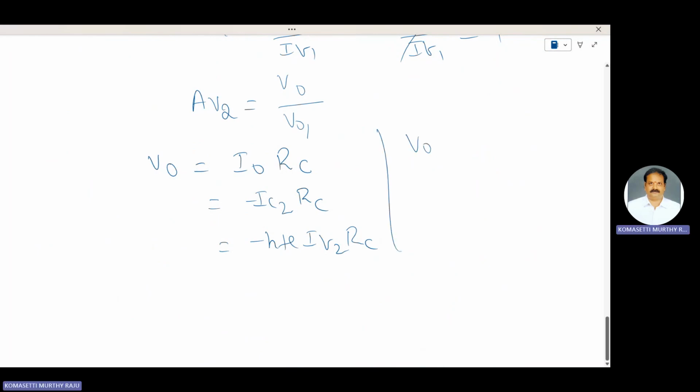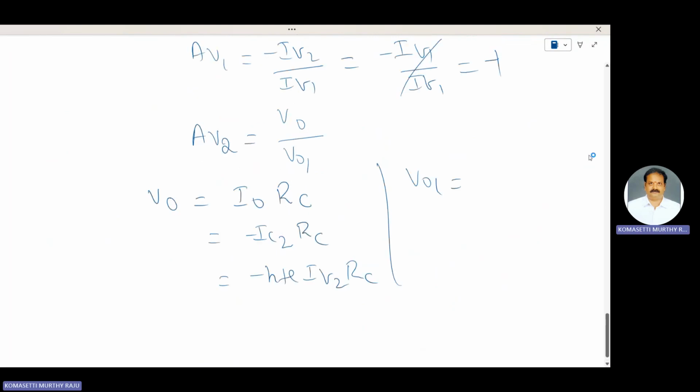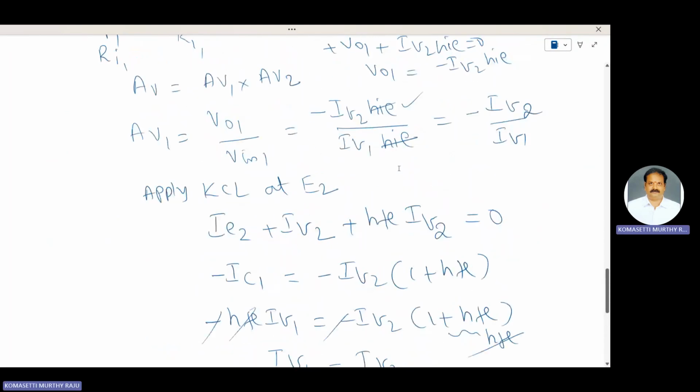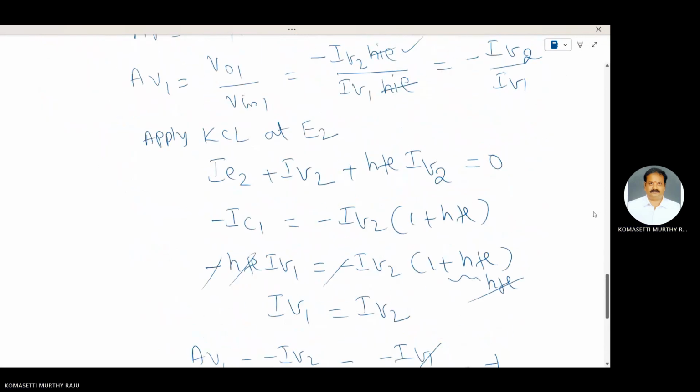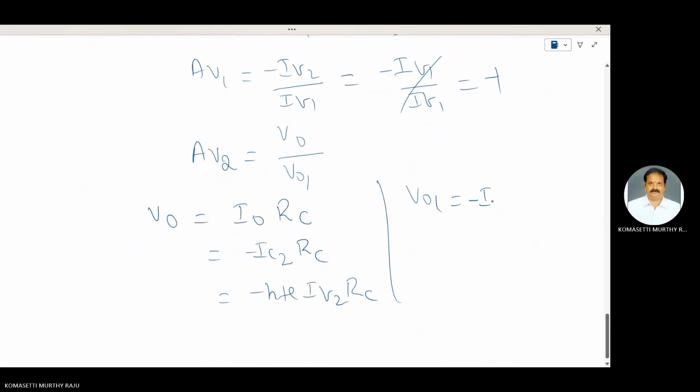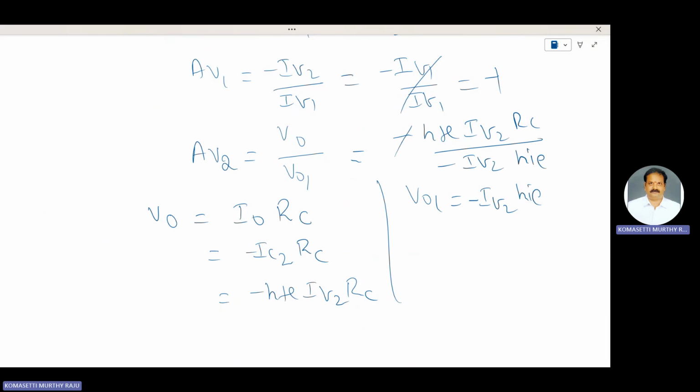We know that V01 is equal to minus IB2 into HIE, already determined here. Therefore, AV2 is V0 by V01, which is minus HFE IB2 RC by minus IB2 HIE.